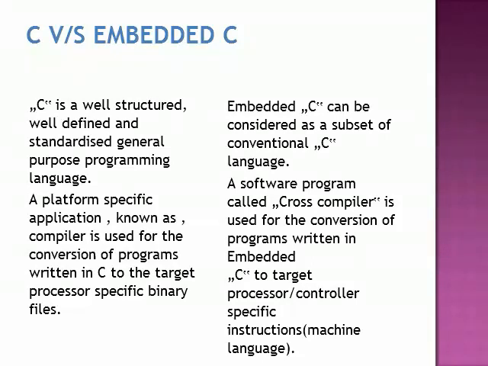Whereas embedded C can be considered as a subset of the conventional C language. Also, it uses a cross compiler. That means a cross compiler is used for the conversion of a program written in embedded C to target processor or controller specific instructions. Here we are using a cross compiler to convert this embedded C program into machine language.